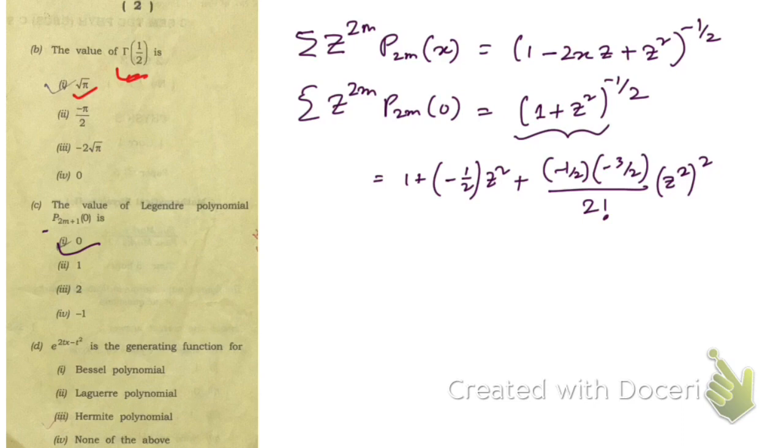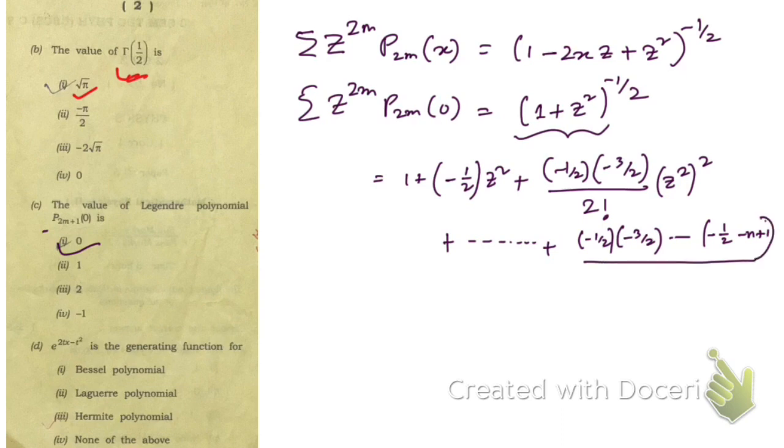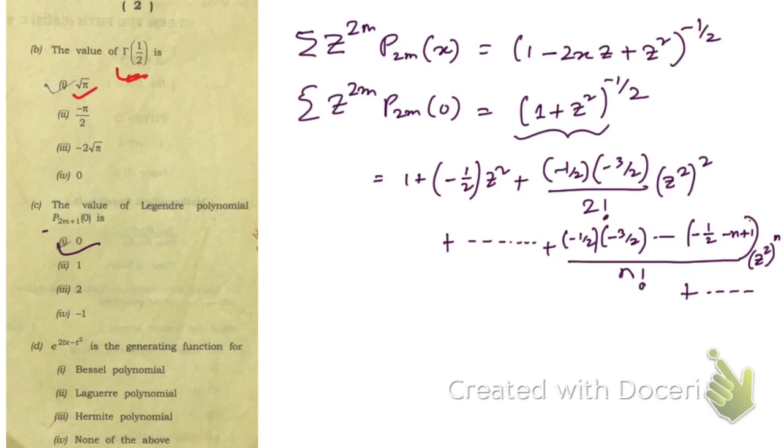So we can expand, then we're going to have minus half into minus 3 by 2 and so on, up to minus half, minus n plus 1, divided by factorial n, and z square whole to the power n, then plus so on. That's how you can obtain this.